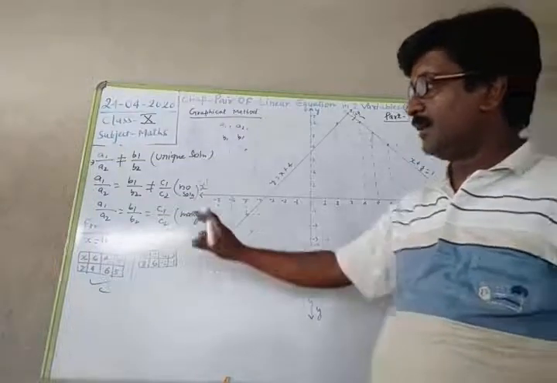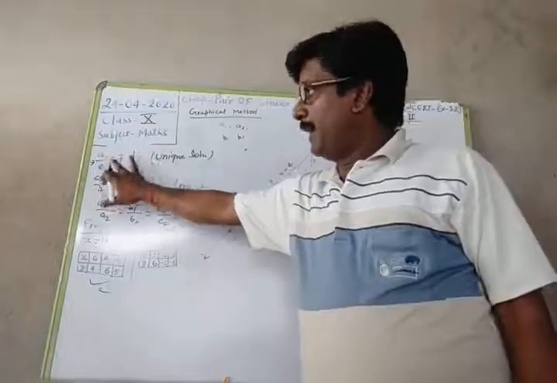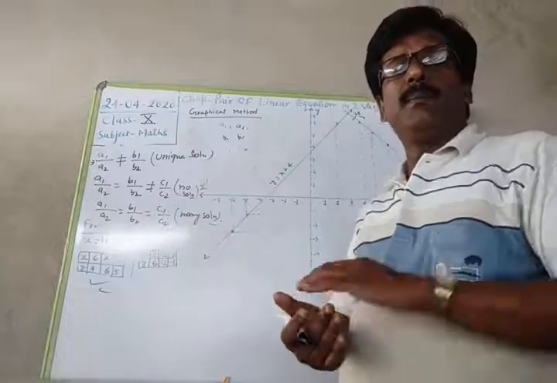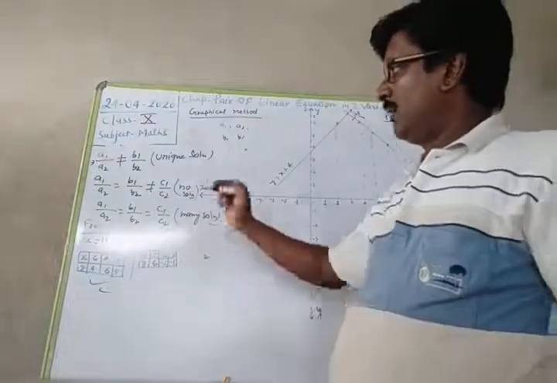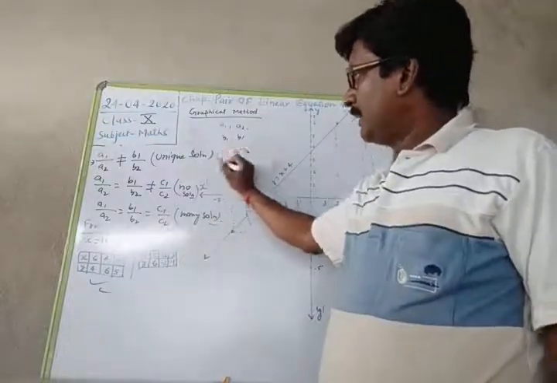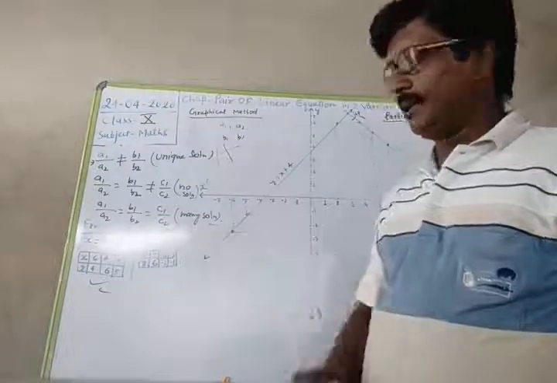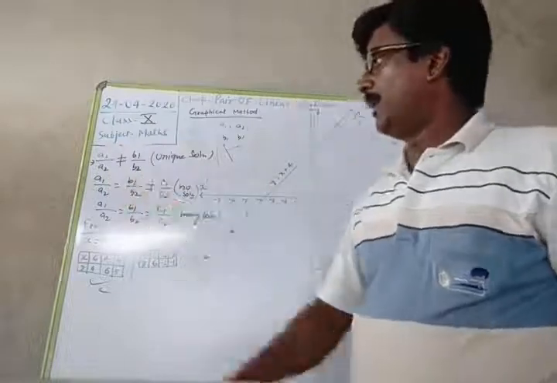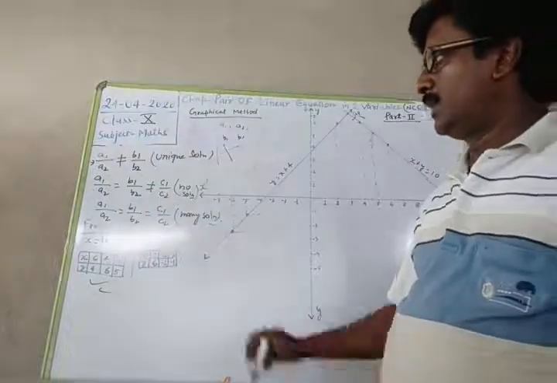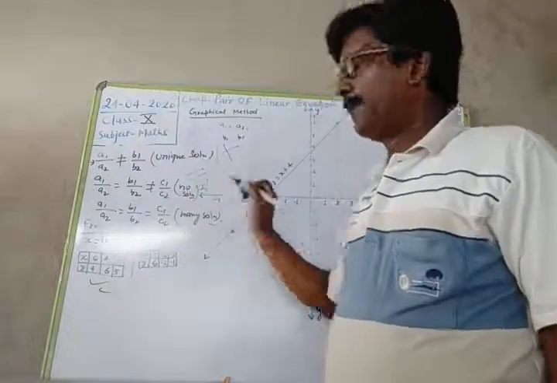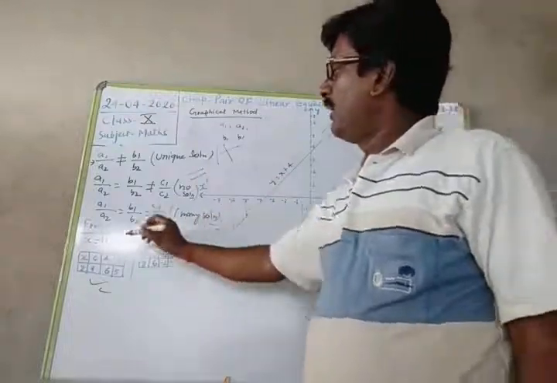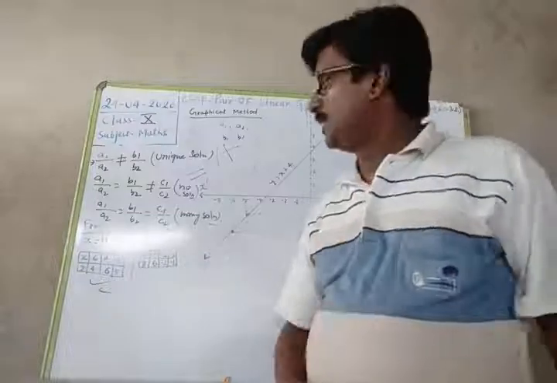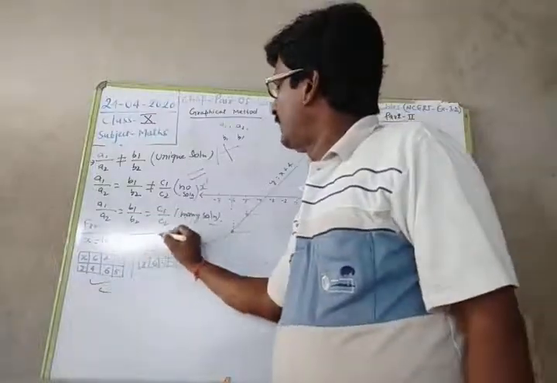So see, when A1 by A2 is not equal to B1 by B2, then it must have intersecting lines, like this. And when A1 by A2 is equal to B1 by B2 is not equal to C1 by C2, then the lines will be parallel. And when A1 by A2 is equal to B1 by B2 is equal to C1 by C2, then the lines will coincide.